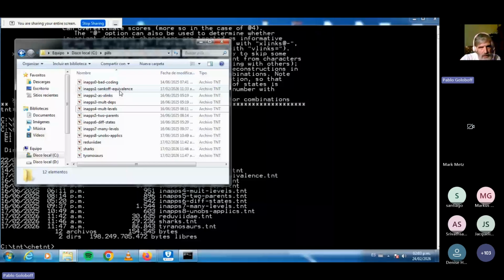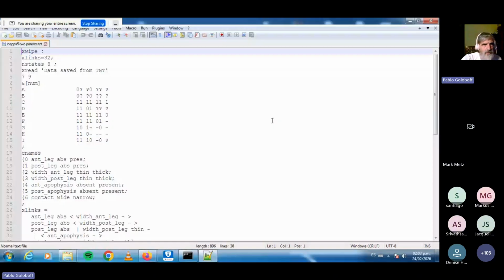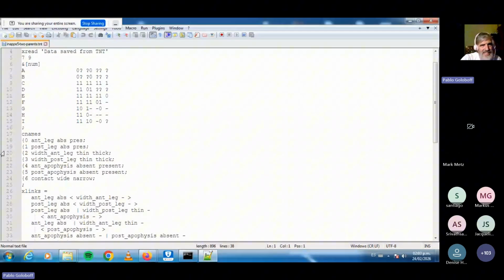I can open that with the notepad, and this one is called Inaps 5 2 parents. So this is exactly the example I showed. You can have anterior legs absent or present, posterior legs absent or present. The leg can support an apophysis only when it's thick. It's not that it's absent or present. I just made this up, right?